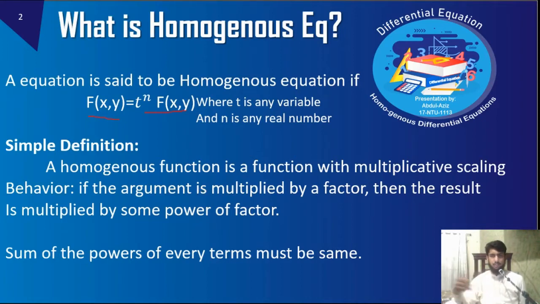In the later demonstration or in the solution of an example, this point will be encountered, how a homogeneous function shows multiplicative scaling behavior. And one of the major conditions for a homogeneous equation is that the sum of powers of every term must be the same, that is, all the terms must have the same degree.